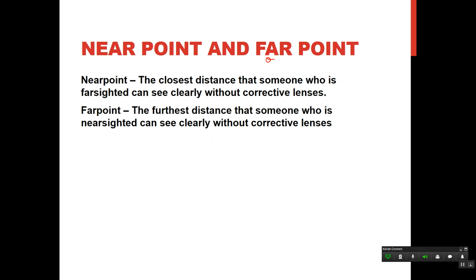There are some terms that I need you guys to understand, and they're called the near point and the far point. So the near point is the closest distance that someone who is farsighted can see clearly without corrective lenses. Farsighted is hyperopia.